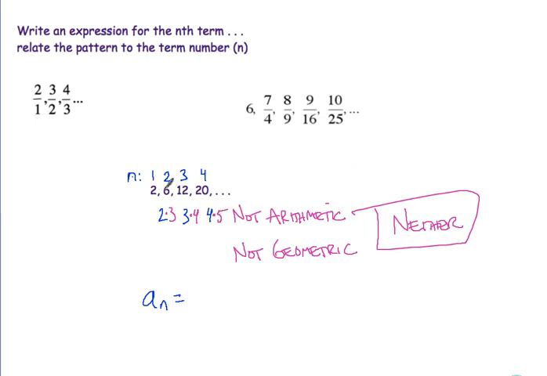And I could go back to here, and I could get a 2 if I take this number up top and I multiply it by a 2. So what I'm trying to do is involve these n numbers so that I can write an equation. So again, 1 times 2 gave me 2. 2 times 3 gave me a 6. 3 times 4 gave me a 12. 4 times 5 gave me a 20.